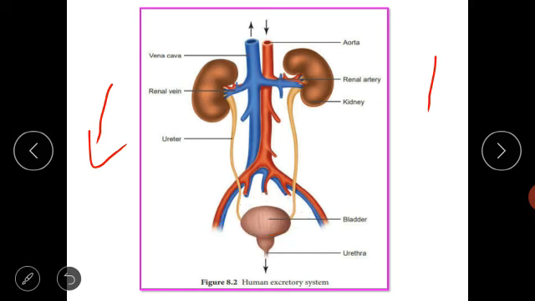The urinary bladder is pear shaped, and it is connected to the urethra. The urethra helps to remove the urine from the bladder when it crosses the excessive storage limit. So these are the parts of the excretory system of the human.